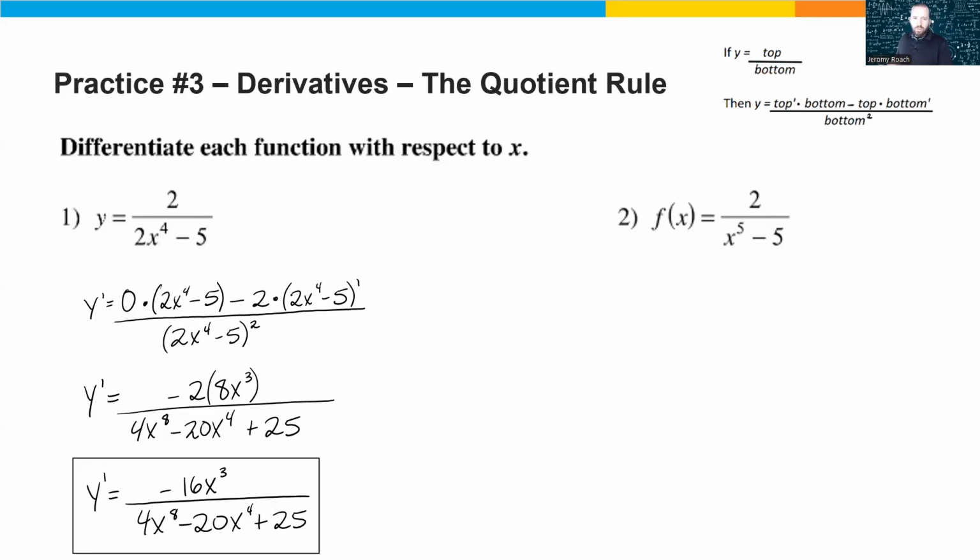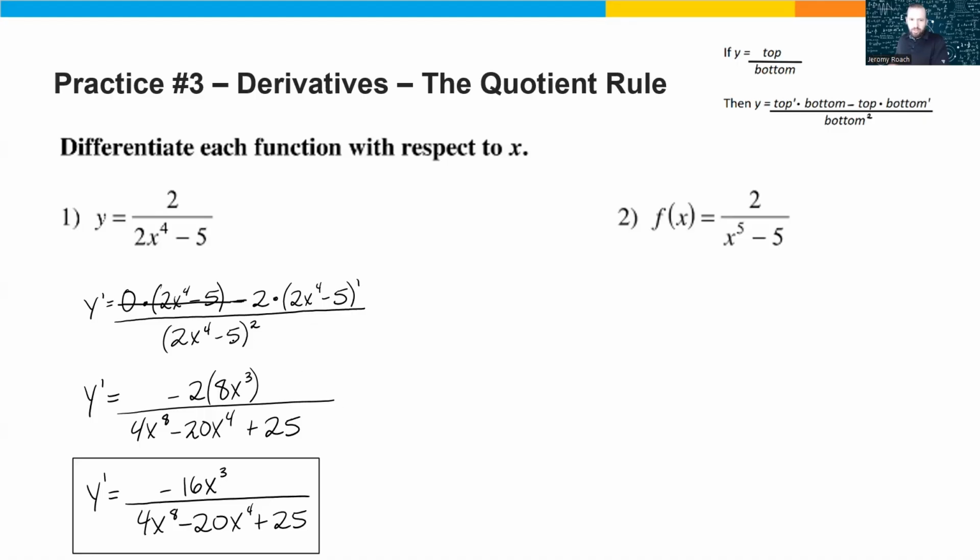So we've already done the derivative of 2 is just 0. That's really easy. All of that crosses out. And now we're left with this negative over here, negative 2 times derivative of 2x to the fourth minus 5. The derivative of 2x to the fourth minus 5 gives us 8x cubed. Multiply that by negative 2, and we get negative 16x cubed.